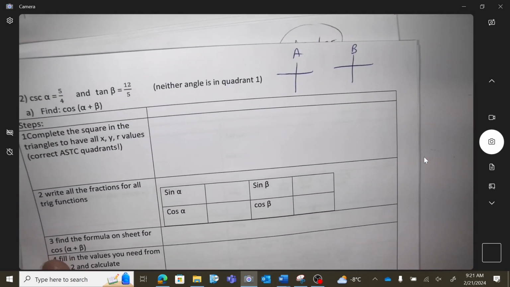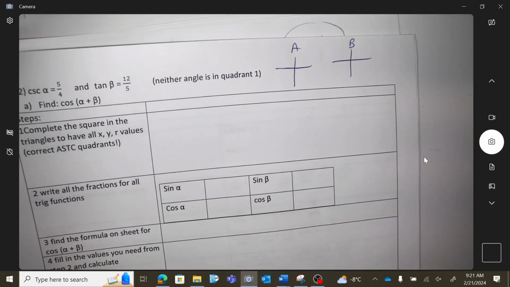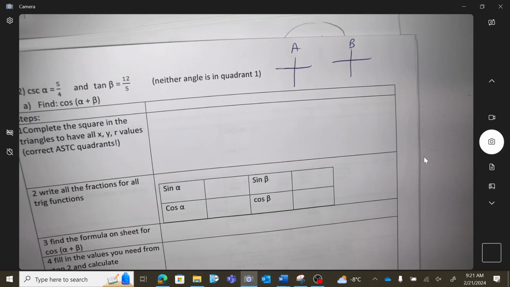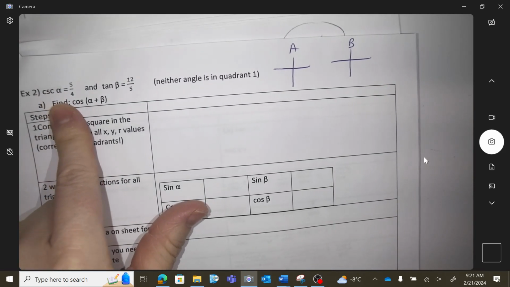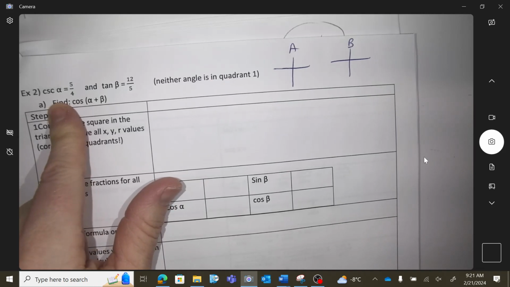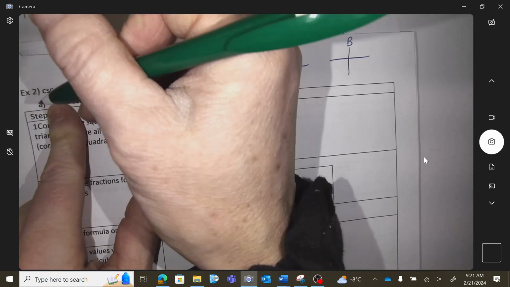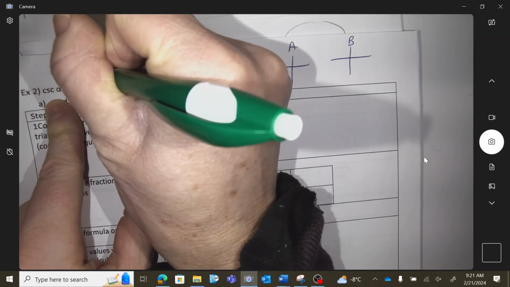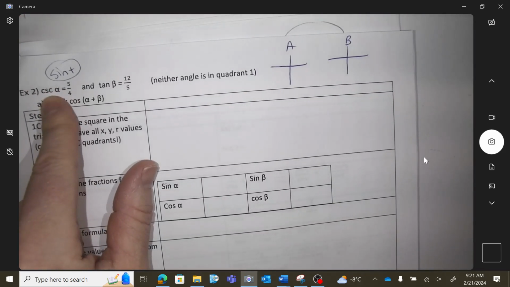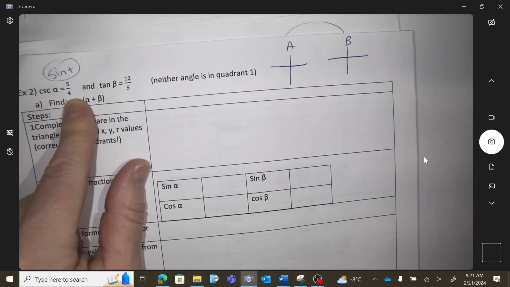Okay, here's my A, here's my B. Let's talk about ASTC. Okay, cosecant, so I'm not going to talk cosecant. What am I going to actually think about with cosecant? I'm going to think about sine, and I'm going to think about sine being positive.